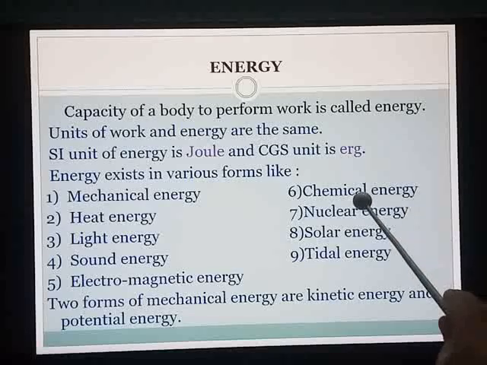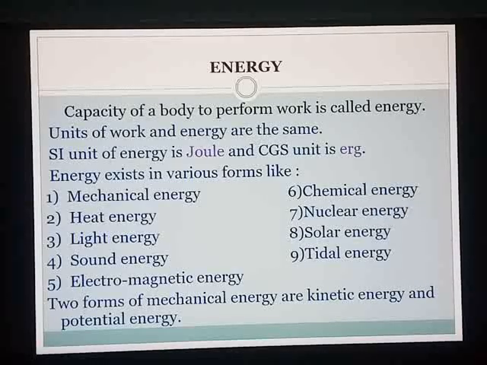Chemical energy: whatever food, whatever breakfast you have in the morning, the food enters the stomach where you have HCl. So the food which you eat undergoes a series of different chemical reactions. Then nuclear energy at nuclear power plants, solar energy very well known to you which we get from the sun, tidal energy, energy from the sea waves.